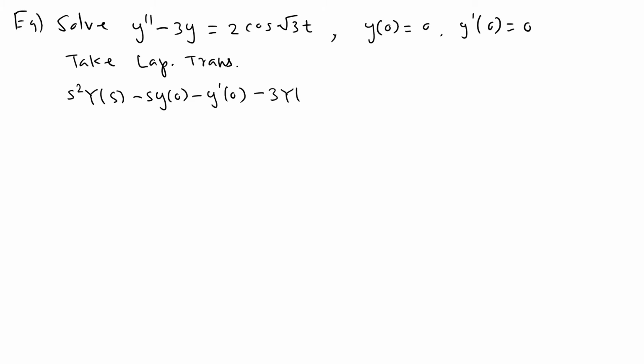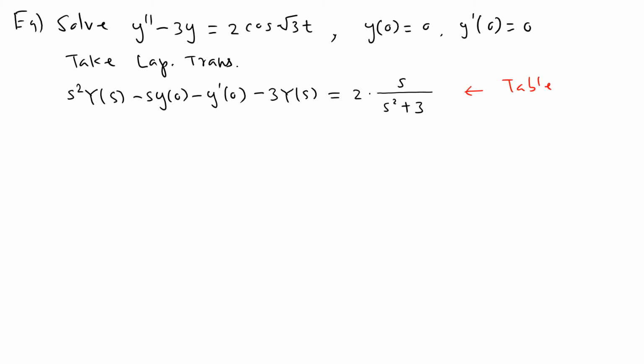On the other side, it is 2 times, this is a cosine. So when it's a cosine, from the table we know that it is s over s squared plus omega squared. In this case, omega squared is 3, and then s goes there. So that's the Laplace transform on the right side, just coming from the table.